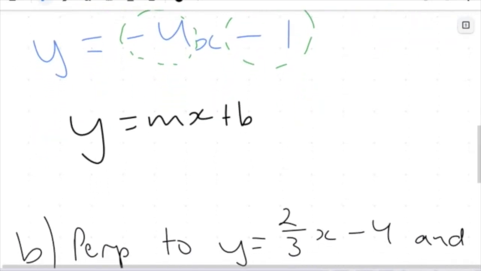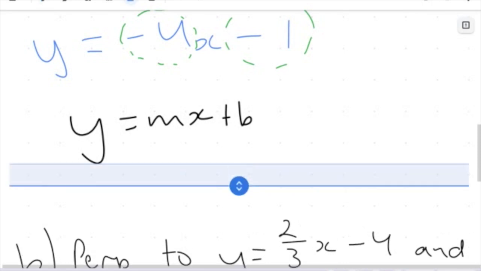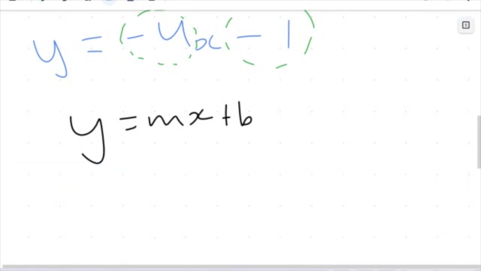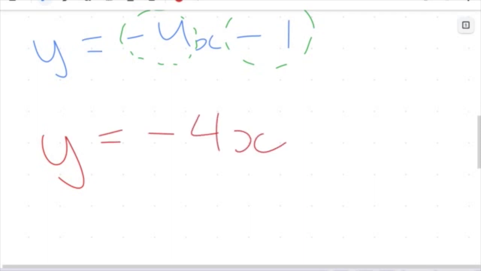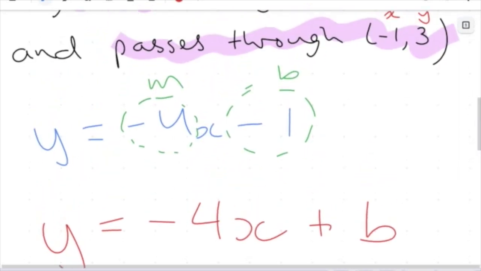I can just substitute in right off the bat a gradient of -4 into my new line. So my line that I'm looking for, I already know it has a gradient of -4. And now I just want to find my intercept of b.